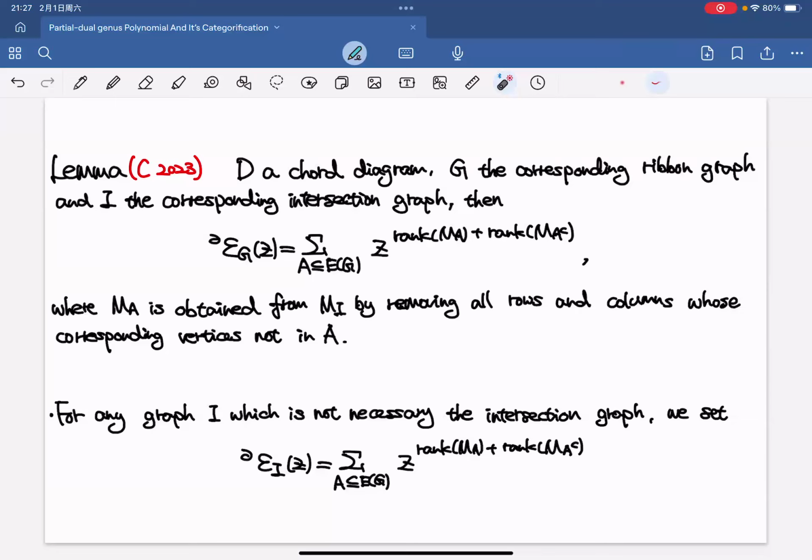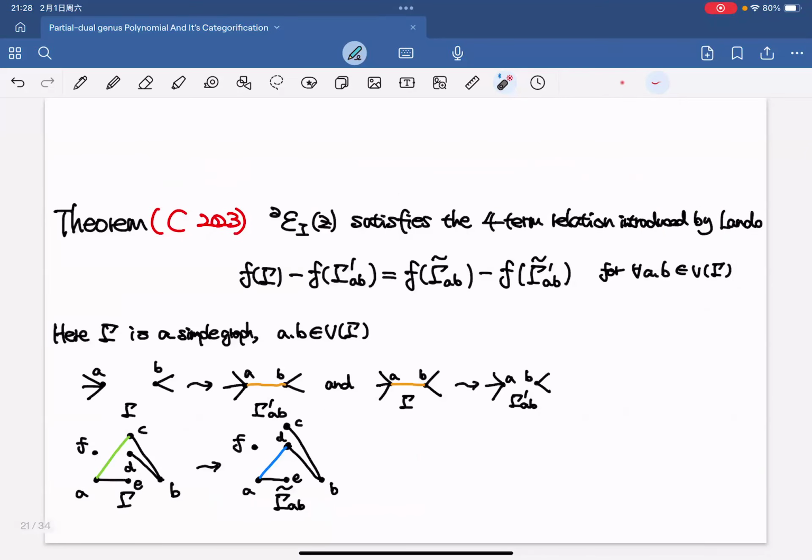If we have a graph that does not come from a chord diagram, we can also define a polynomial in this way, because for any graph we can define the adjacency matrix, and then define M(A) and M(AC), and then we have a polynomial like this. Our main result is that if we use this definition, the partial dual genus polynomial does satisfy the 4-term relation introduced by Lando.